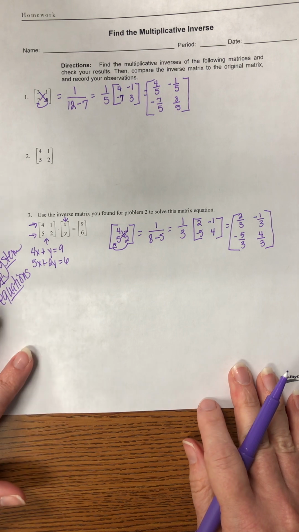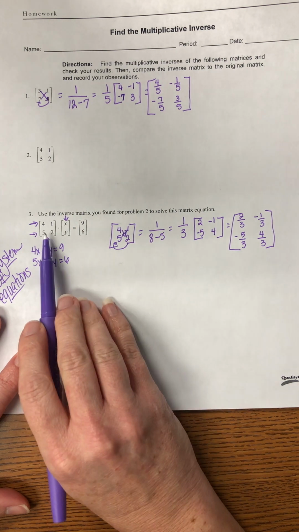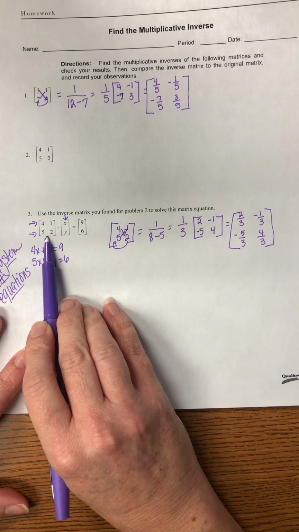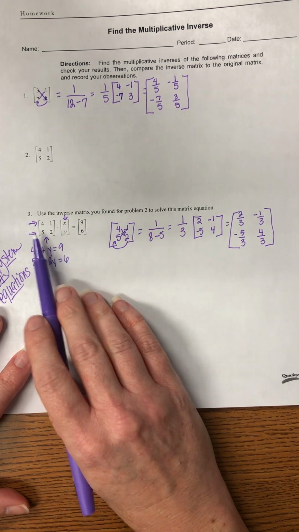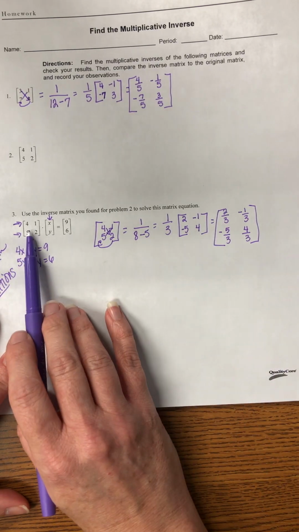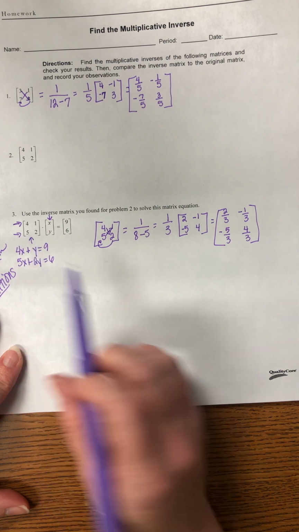Now remember, what an inverse matrix does is it gets rid of the matrix that you have in your equation. It changes it to an identity matrix. So since it does that, we're going to skip through that step and know that we're going to multiply the identity matrix times the original matrix. And once we do that, we'll have an identity matrix.